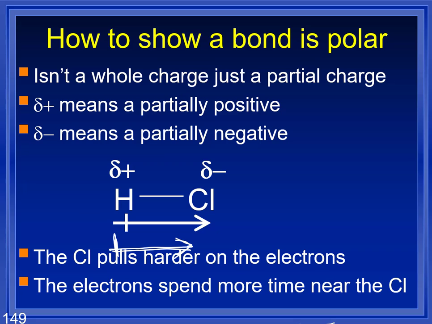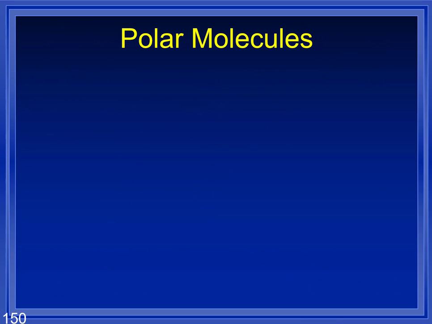Okay, so that's how you check condition 1 for a polar molecule. Condition 1, it had to have polar bonds. Condition 2, the molecule couldn't be symmetrical. So what is symmetrical?